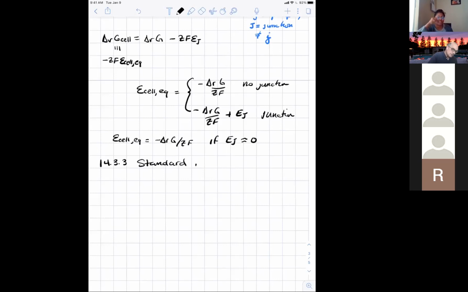Okay, so let's talk about standard molar reaction quantities, in other words, thermodynamic quantities. How can we get thermodynamic quantities from a cell?